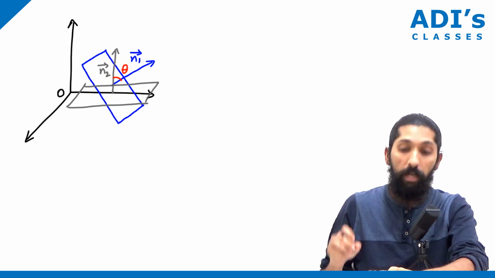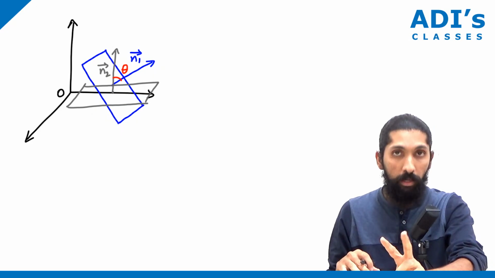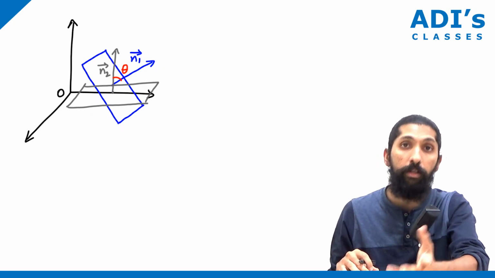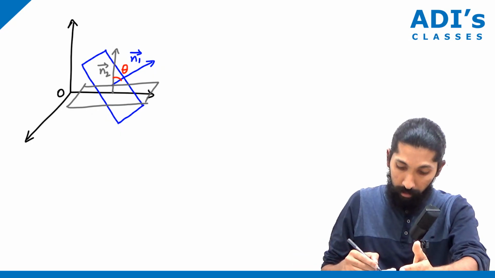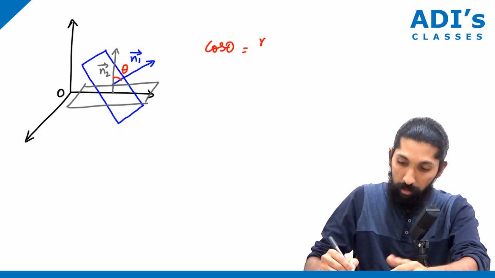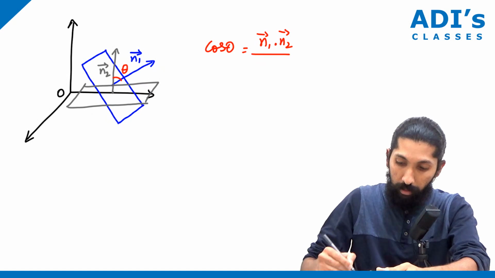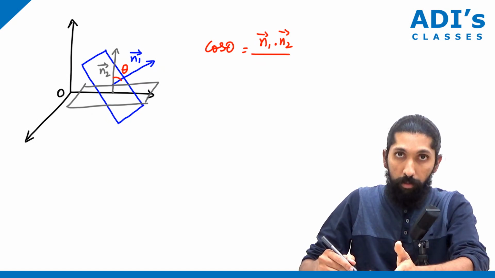Now, if this is theta, n1 and n2 are two vectors, isn't it? And the angle between two vectors, how do we take? We take the dot product. That means here cos theta is equal to n1 dot n2 divided by, if you remember, a dot b by mod a into mod b, right?